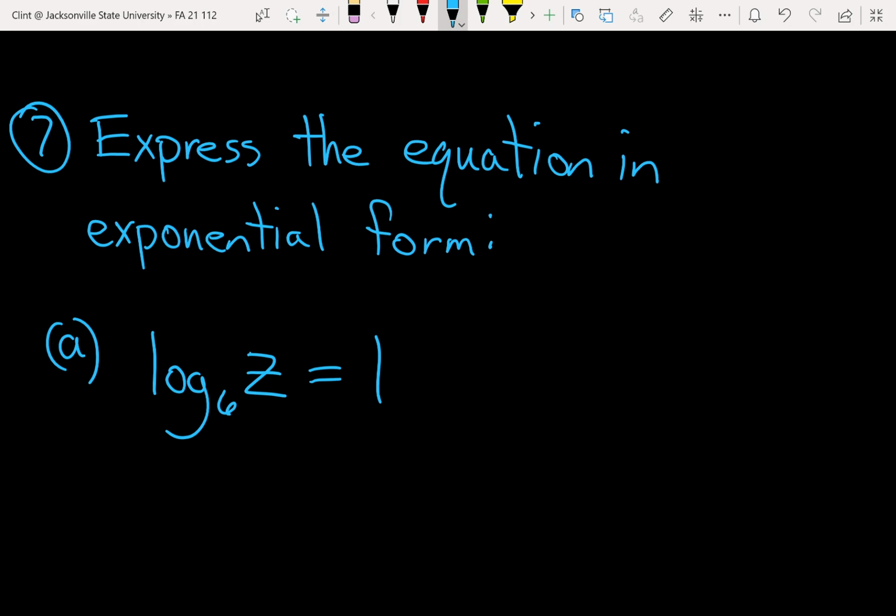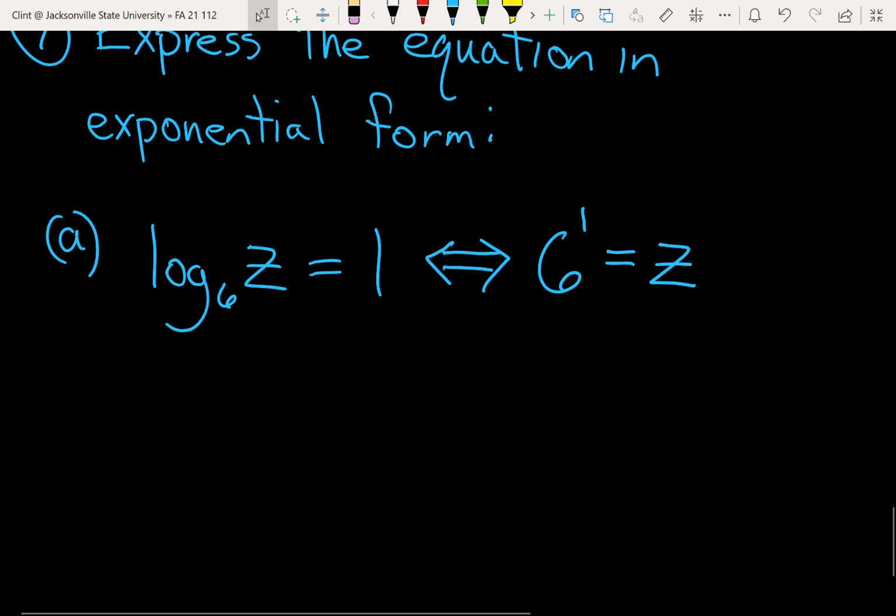So in exponential form, what's our base going to be? Yeah, so our big number is 6. And then what's our exponent? 1. That equals z. So just an equivalent equation there.